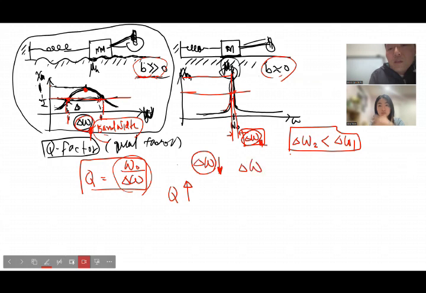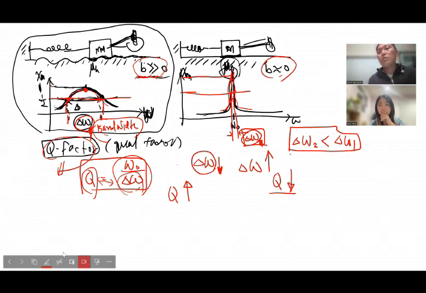If the bandwidth is large, then the Q value is low. So the Q value, the quality factor of resonance, and the bandwidth have an inverse relationship. Okay, so the narrower resonance has a higher Q value, and a wider bandwidth has a lower Q value.